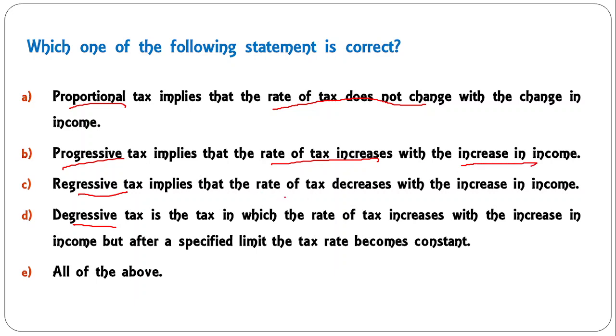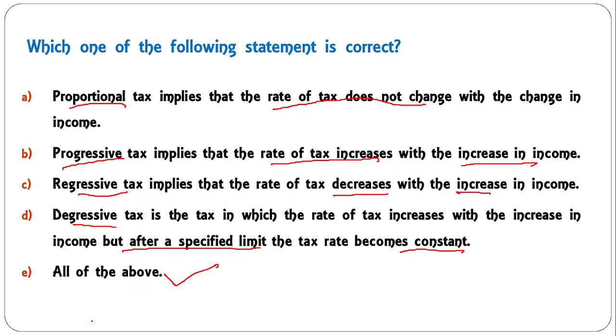Regressive tax implies the rate of tax decreases with the increase in income, whereas degressive tax is the tax in which the rate of tax increases with the increase in income, but after reaching a certain specified level of income, the tax rate becomes constant. These are the definitions of these four types of taxes, and all of the above are correct definitions. So E is the correct answer.